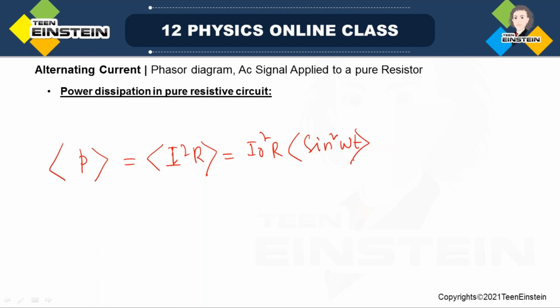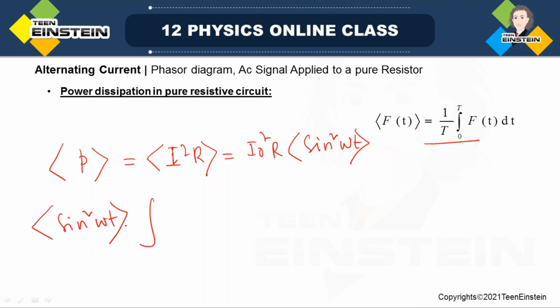This average, in terms of integration, we can write like this: for any quantity, to get the average, the average of sine square omega t is 1 by T, integral from 0 to T of sine square omega t into dt.